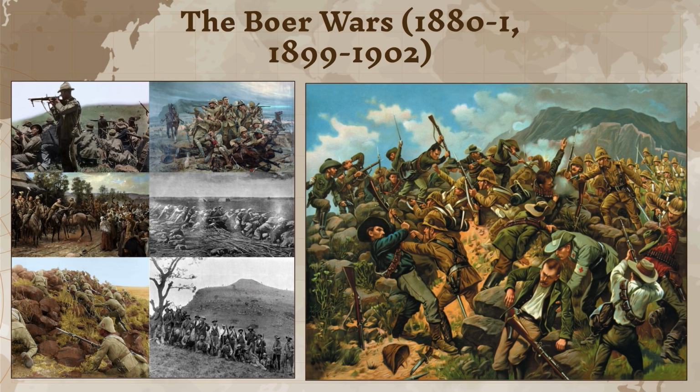The First Boer War from 1880 to 1881 resulted in limited Boer independence. The Second Boer War from 1899 to 1902 began after gold was discovered in Boer territories and Britain attempted to expand its control once again. During the Second Boer War, Germany supported the Boers, including through the Kruger Telegram, which worsened its relationship with Britain even more.